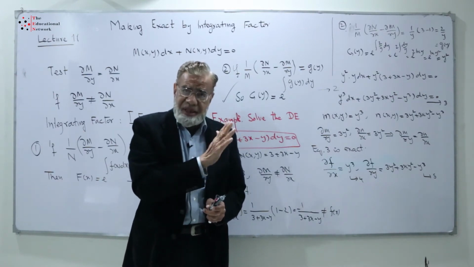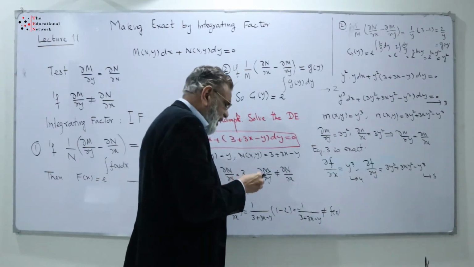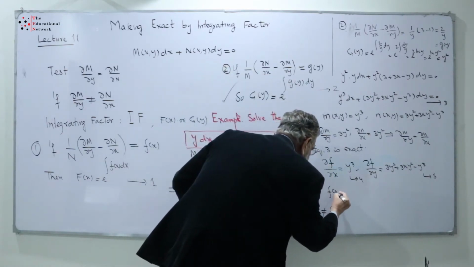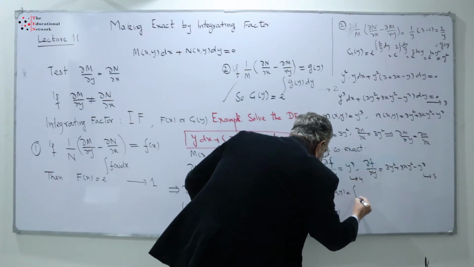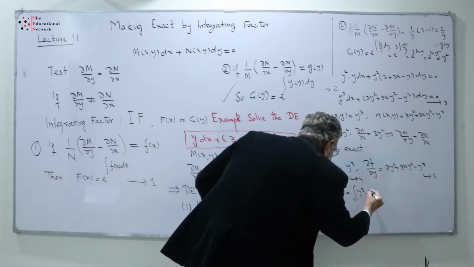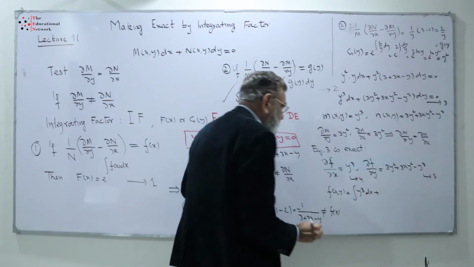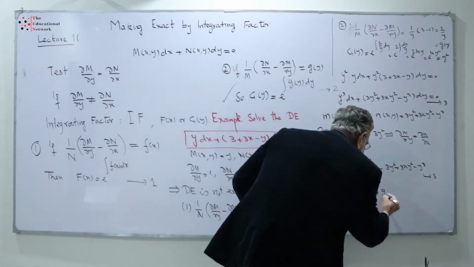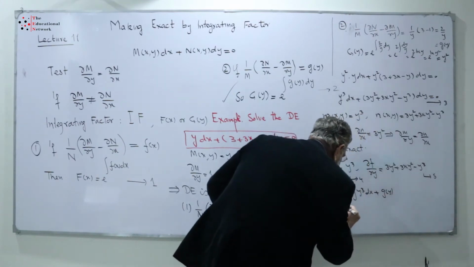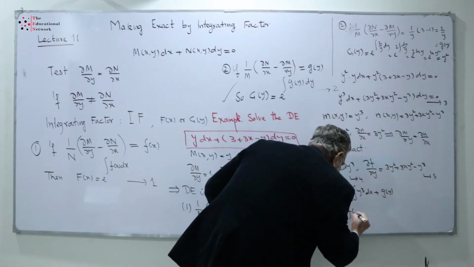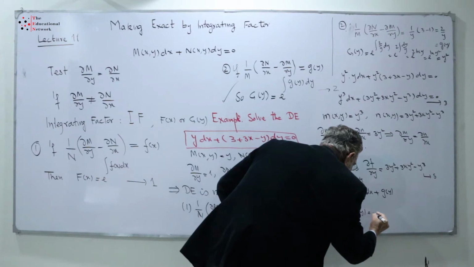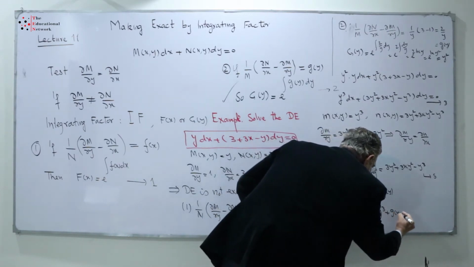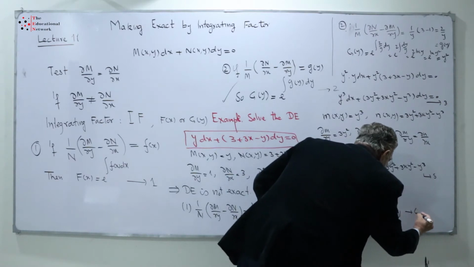Both ways the result will be the same. So I just take the first one and integrate with respect to x. I get f(x,y) is equal to integral y cube dx plus, because we are integrating with respect to x, our constant will be a function of y, g(y). So my solution will be f(x,y) is equal to xy cube plus g(y). I say this is my number 6.